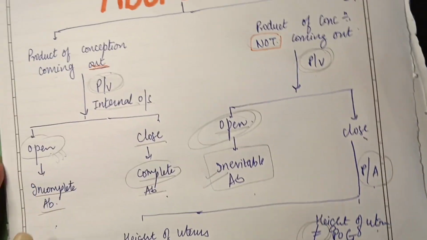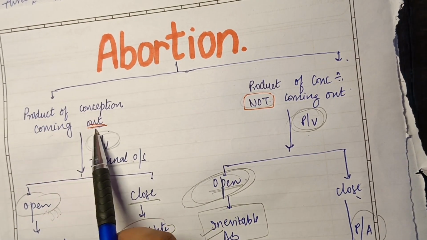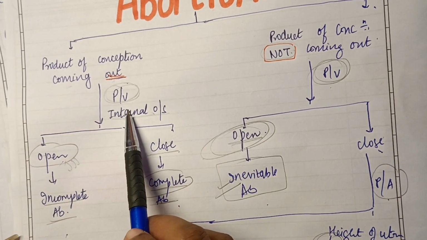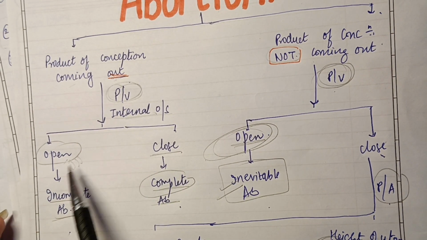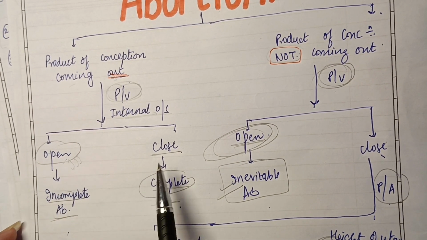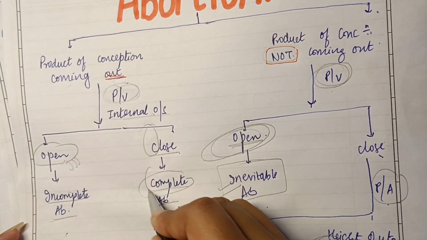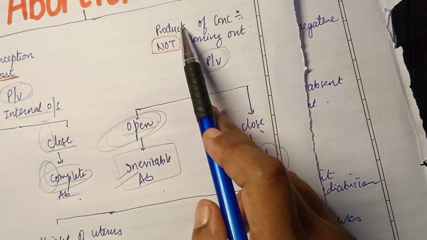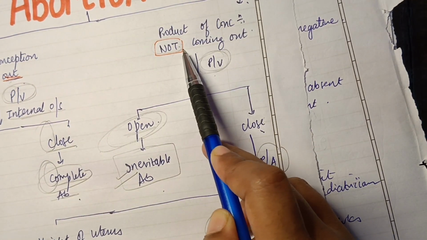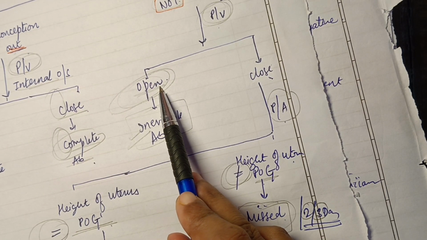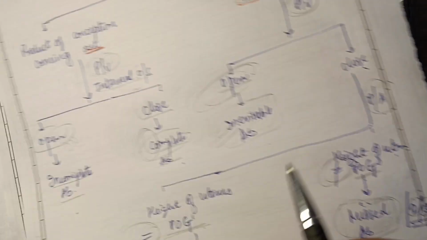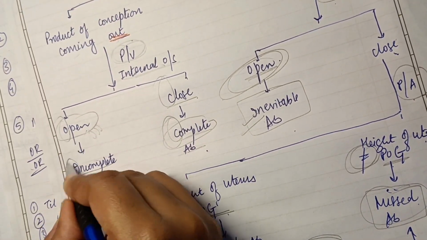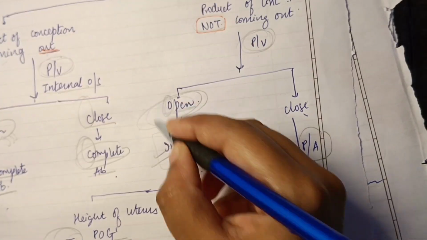So let's do a quick revision. Product of conception coming out, per vaginally we check internal os. If it is open, it is incomplete. Open, incomplete; closed, complete. C for closed, C for complete. Now product of conception not coming out. If PV internal os is open, it is inevitable. You can see both in open: in one it is incomplete and in the other it is inevitable.